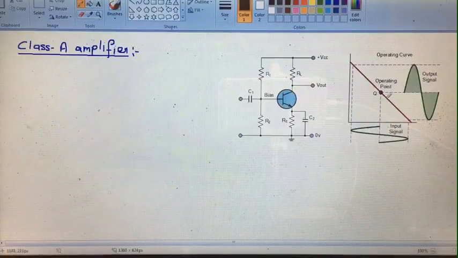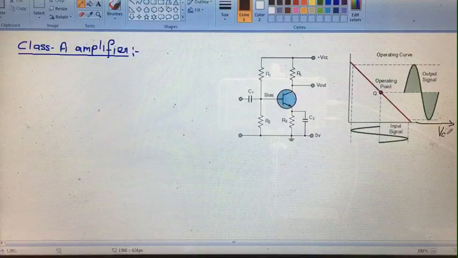The operating point Q is fixed in the middle of its DC load line. So, for variation in the input, here VCE is on the axis in bold and here the current is IC in milliampere.